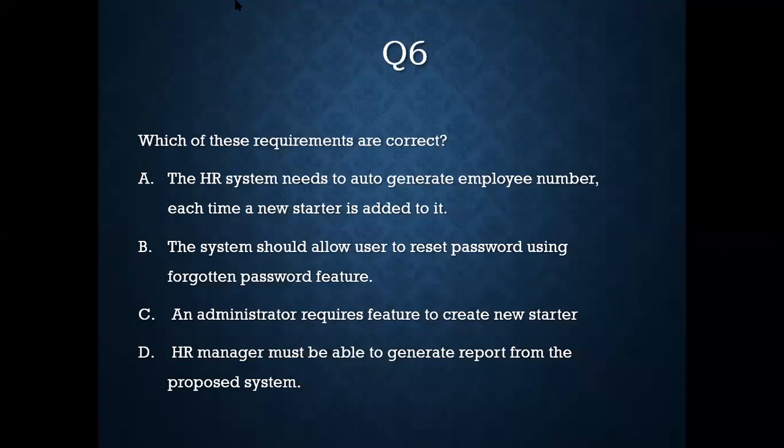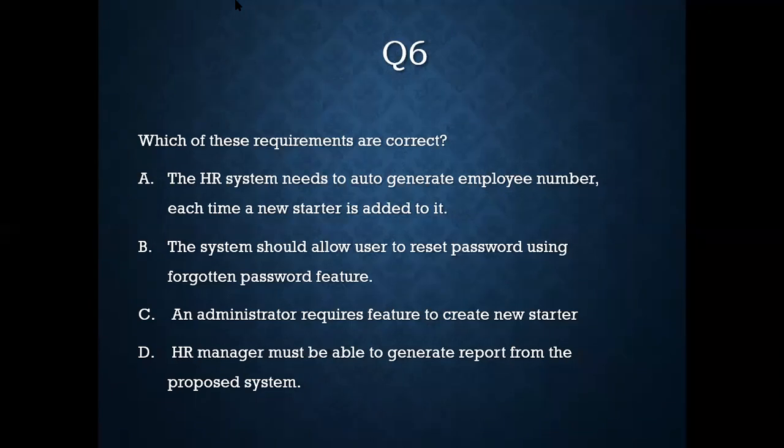An administrator requires a feature to create a new starter. It doesn't have any priority. There's no must, no should, no could. So that's not a good way of writing requirements. And the HR manager must be able to generate reports. It has must, the M, so it has a priority, because your requirements must have a priority.